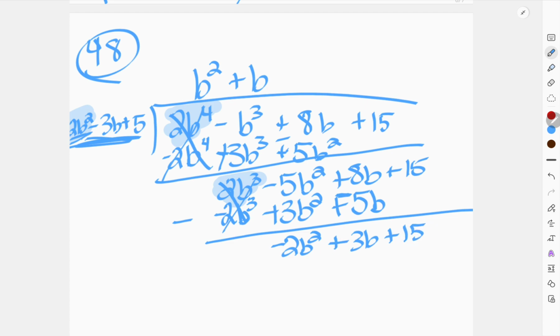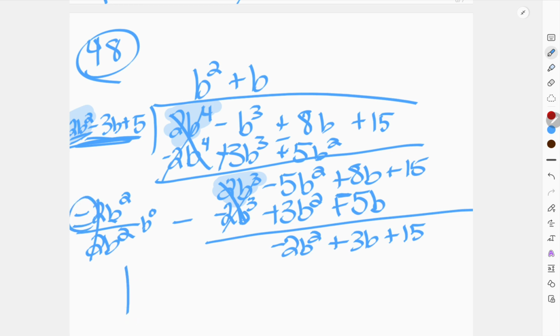So again, we're just looking at those first terms, and I have a negative 2b squared divided by 2b squared. Okay? So the 2 and the 2 cancel. 2 minus 2 is 0, so that gives me b to the 0 power, and we learned in 8th grade, and we learned last year in 9th grade, that anything raised to the 0 power is 1.